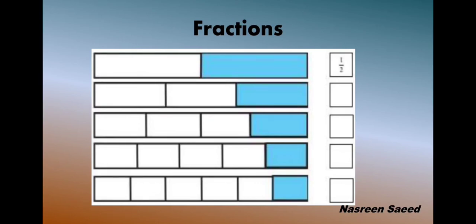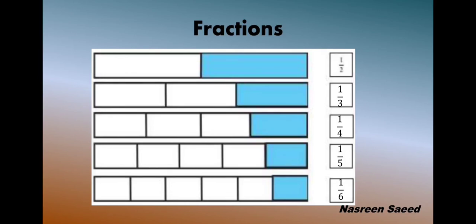The second strip, of the same length, is divided into 3 parts. It is written 1 upon 3 because one part is colored. The fourth strip is divided into 4 parts, so it is written 1 upon 4. The fifth strip is divided into 5 parts. It is written 1 upon 5. The sixth strip is divided into 6 parts. It is written 1 upon 6.